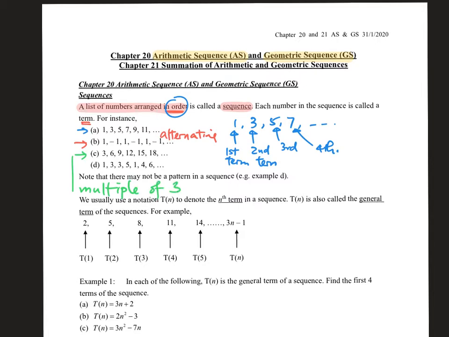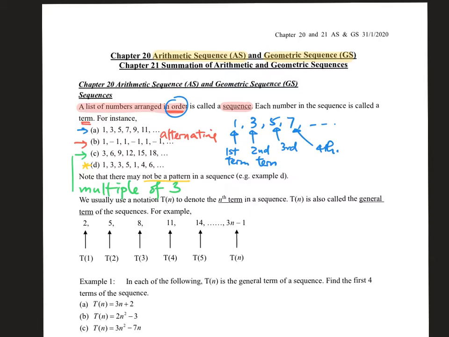And then at last, the weird thing is that in a sequence you do not necessarily see a pattern. For example, in D, the numbers seem unrelated to each other. You can't guess what the number after the 6 is, for example. So I would like to emphasize that in a sequence, the numbers may not have a pattern. This is the main point.